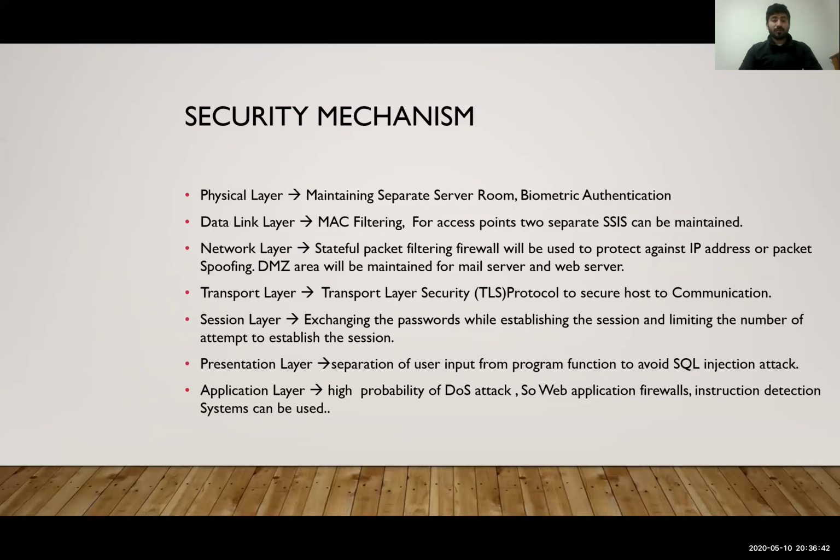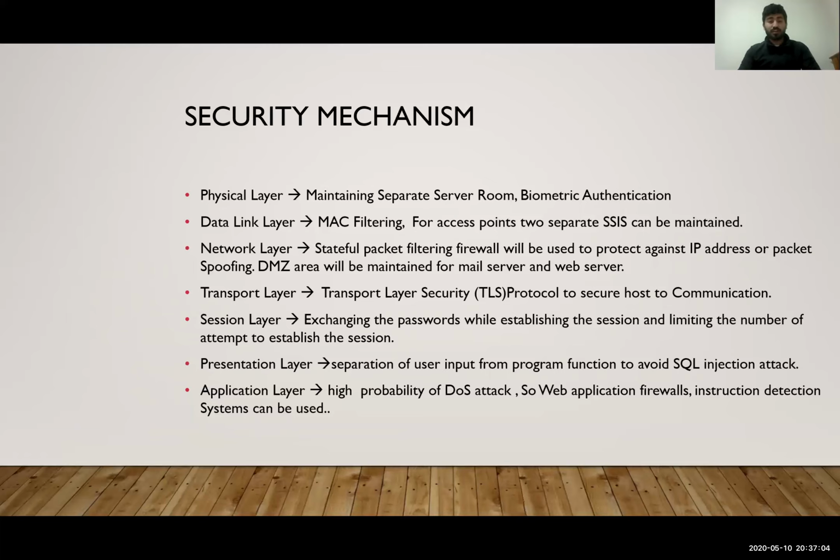In the network layer, IP address and packet snooping is the major threat. To prevent these types of threats, we are using a stateful packet filtering firewall, and a separate DMZ area is allocated for the mail server and web servers. Next one is the transport layer.